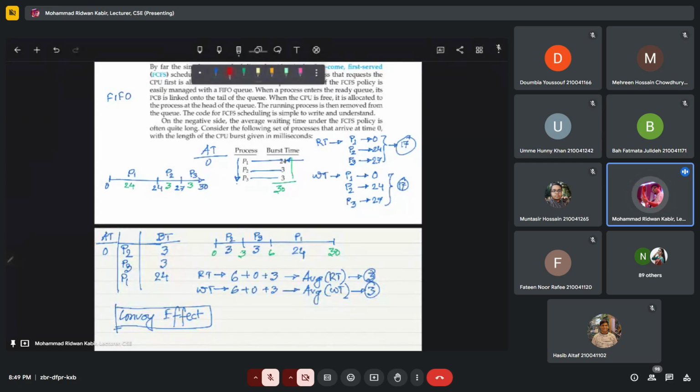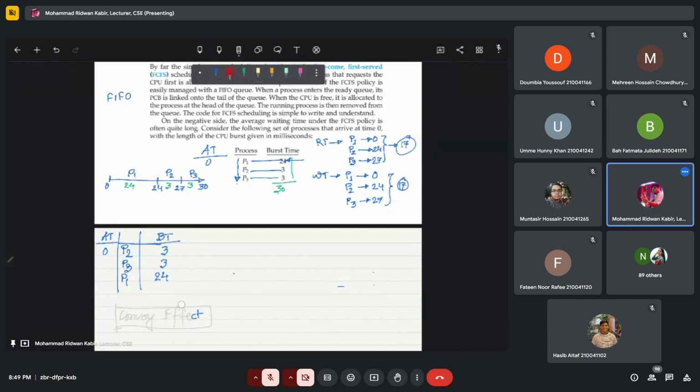So if we try to resolve this particular algorithm, we'll try to see two executions, and then from that, we'll try to come to a decision. So you have these three processes. Now let's consider two arrival orders.